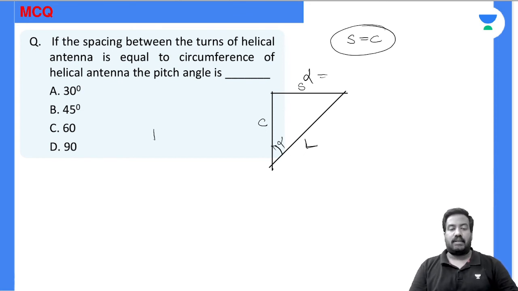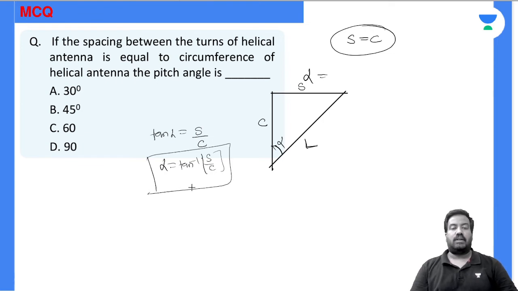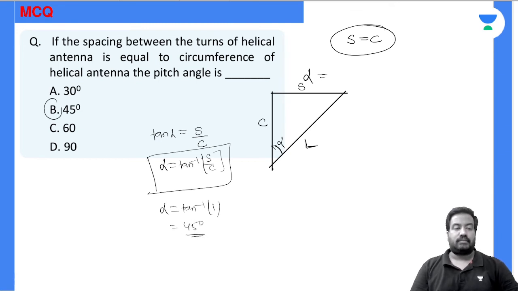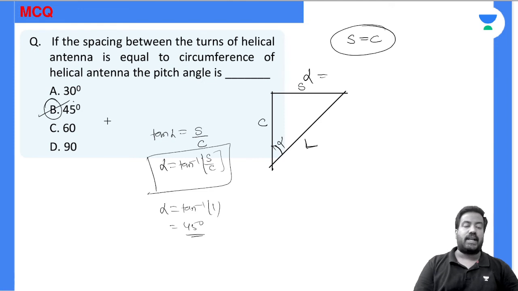From this, tan alpha is opposite side by adjacent side, S by C. Pitch angle alpha is tan inverse of S by C, the formula. Given S is C, alpha is equal to tan inverse 1, which is 45 degrees. Option B is the answer.